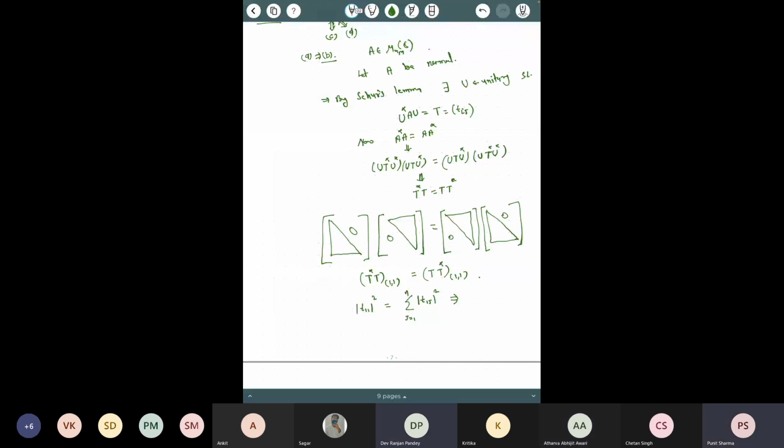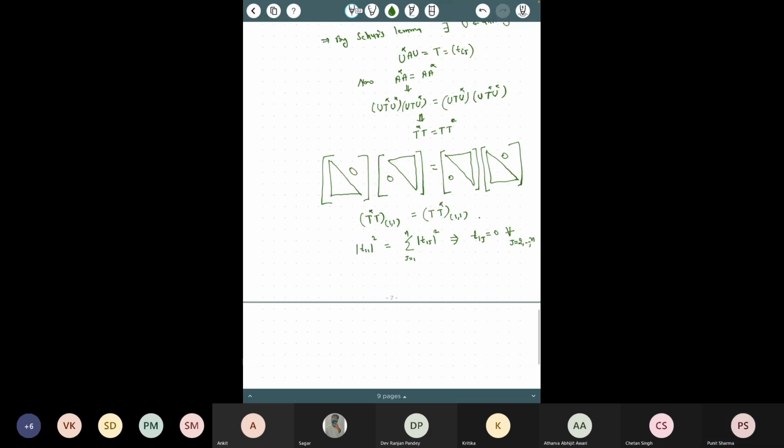The sum of squares of all other entries is equal to 0 except the first one. Yes, so the first entry will cancel out. So from here you can say that T1j is equal to 0 for all j equal to 2 to n.